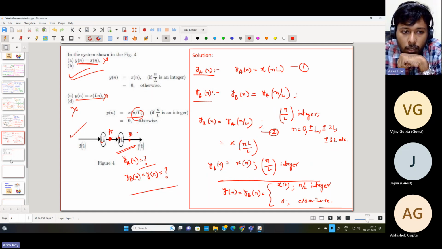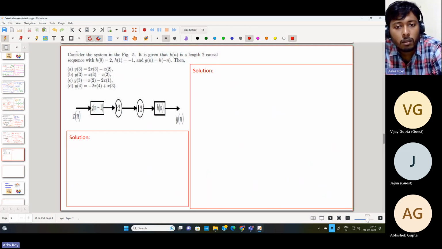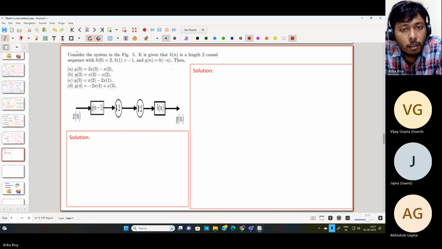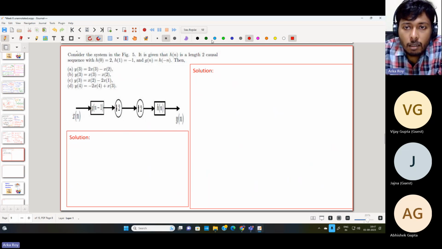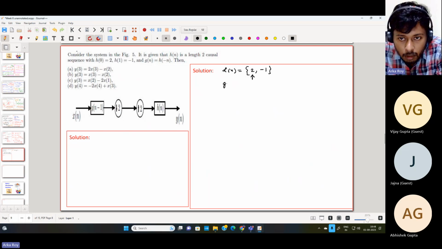Okay, so let's move to the last question. This is the final question for this week 5 quiz. We have been given a system, and some relations have been given. h[n] is 2, -1, where 2 is the location of the origin. And g[n] is equal to h[-n].